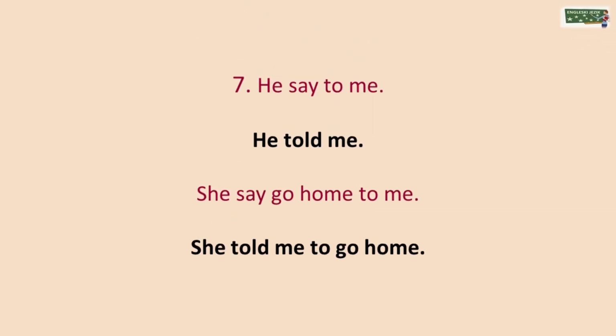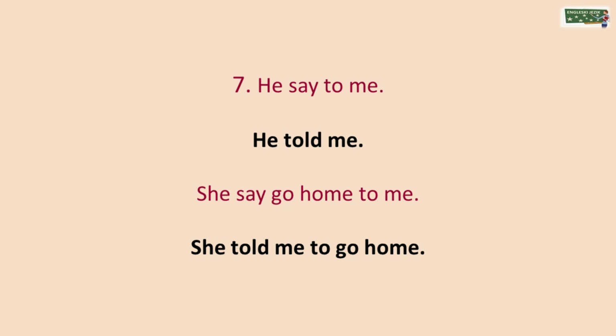Number 7. He say to me. This is incorrect because it is supposed to be he told me. What is the difference between say and told? Well, first of all, when we use told, for example, she told me to go home, she literally told me. She was standing there and she told me. Whereas when you say she said something, she doesn't have to literally be there to tell me something.